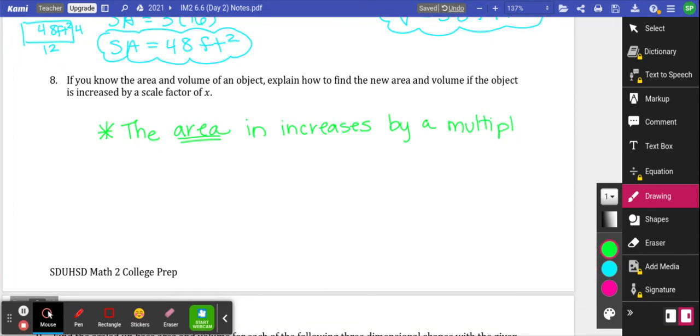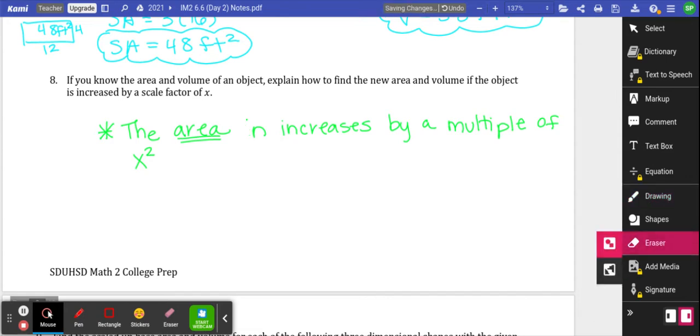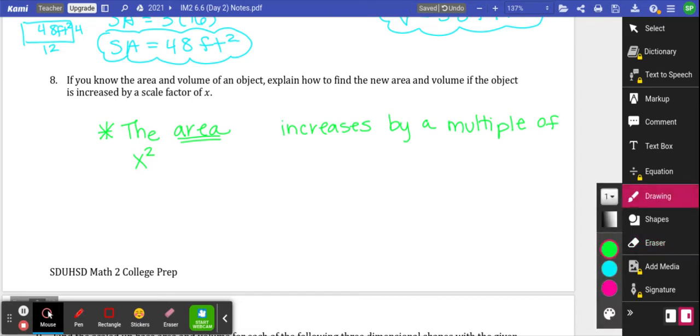Sorry about that. So the area increases by a multiple of x squared, right?